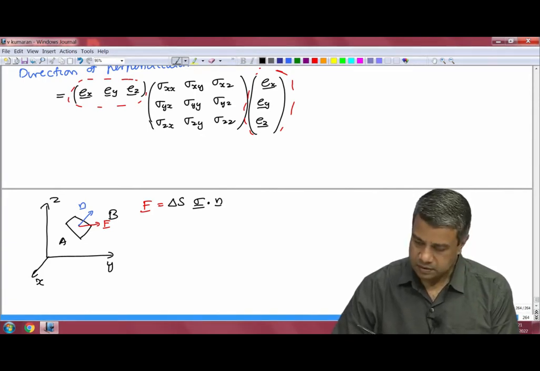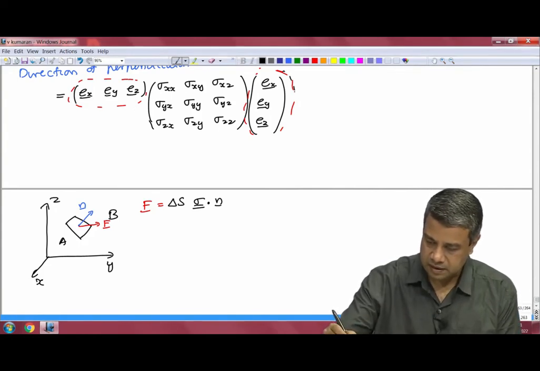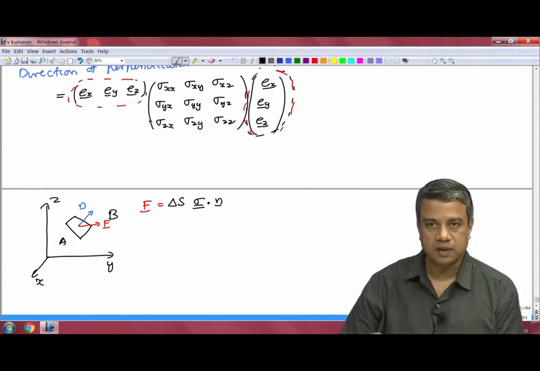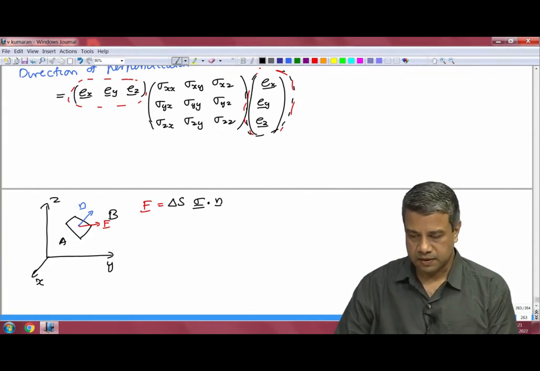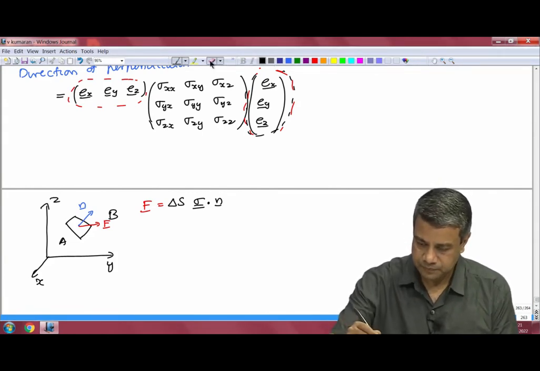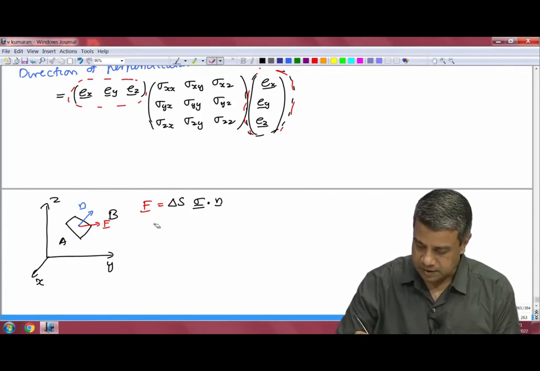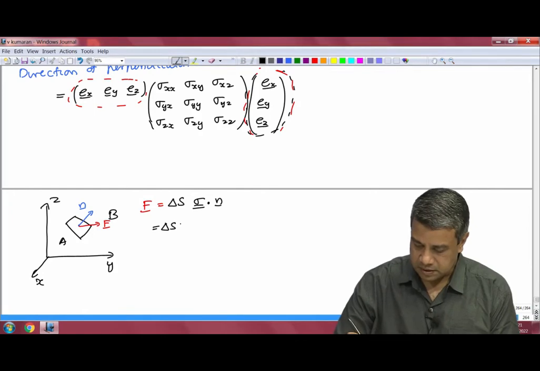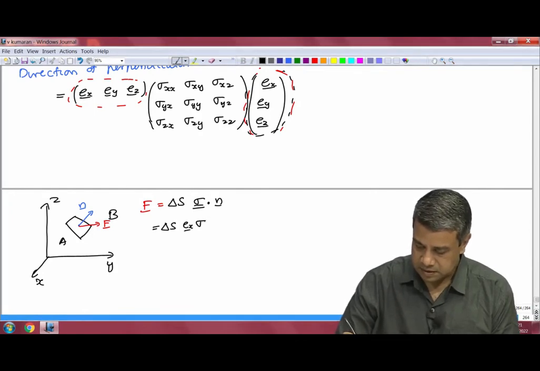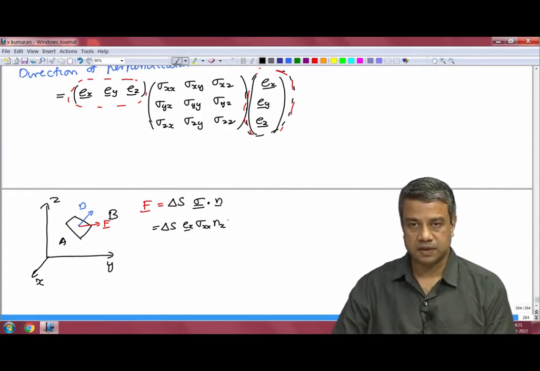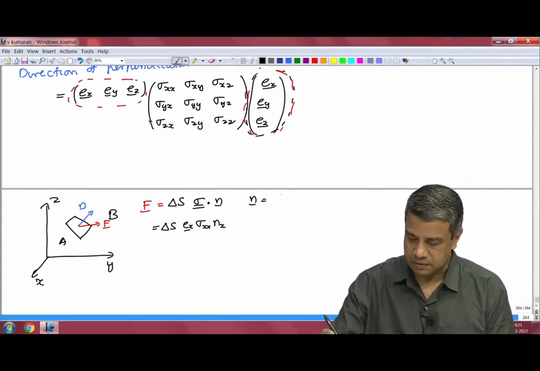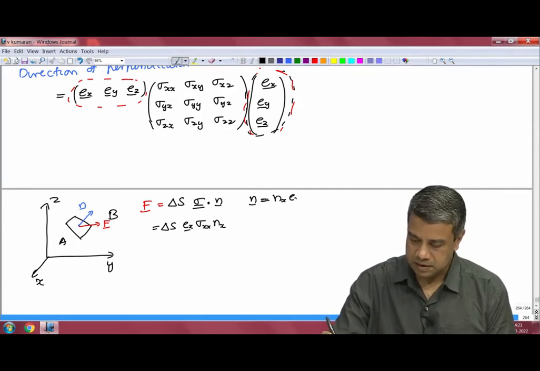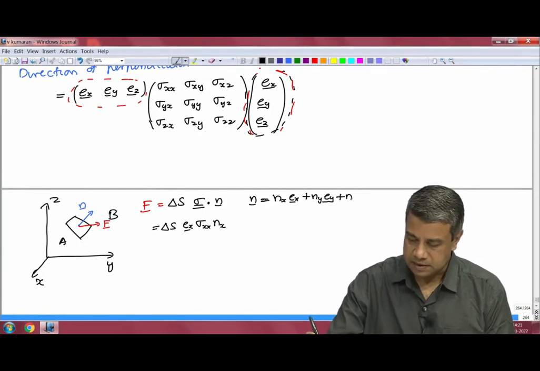So, what you do is you have to dot the second index here with the unit normal. If I do that, this will be equal to delta S into Ex sigma xx nx, dotting the second index with n, where the n vector is equal to nx Ex plus ny Ey plus nz Ez.